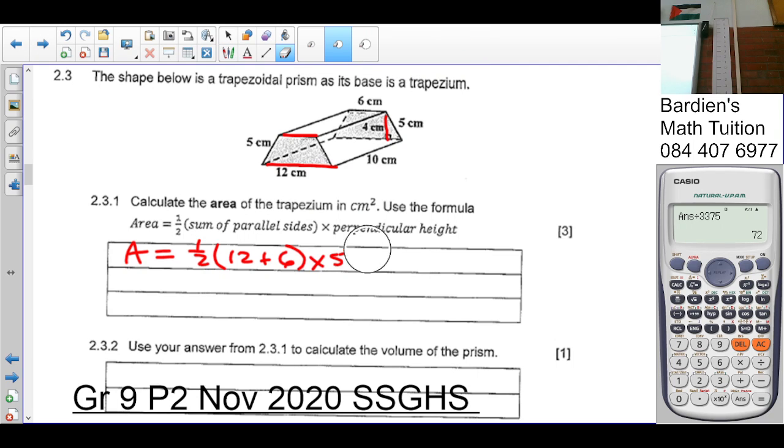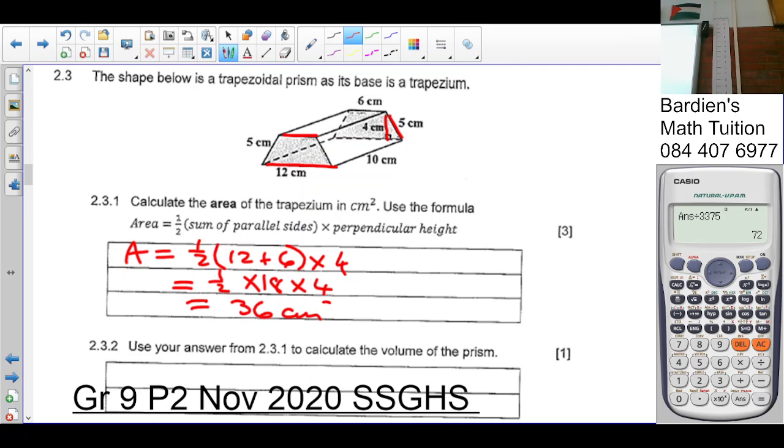You're absolutely correct, it's 4. That 5 is actually that length. Times 4. So a half times 12 plus 6 is 18, times 4. 4 times half is 2. So it's 36 centimeters squared. Okay.